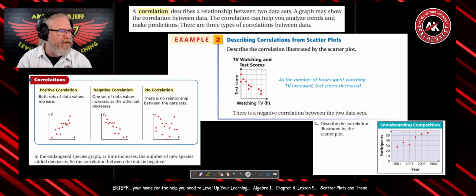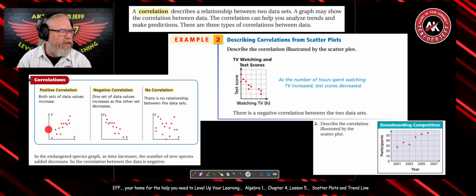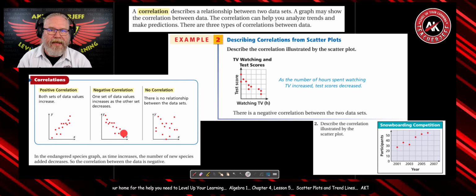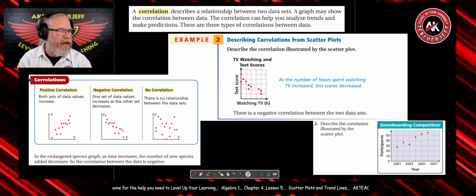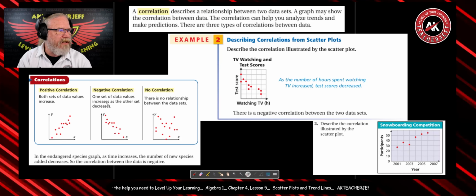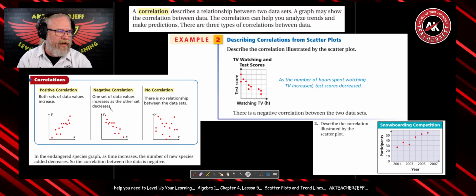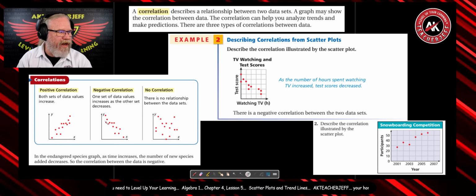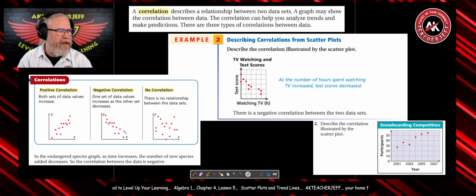That is a positive correlation. X increases, y increases. A negative correlation is whenever it looks like it's going downhill from the left to the right. One set of data values increases as the other set decreases. So as x increases, y is decreasing in value. That is a negative correlation.